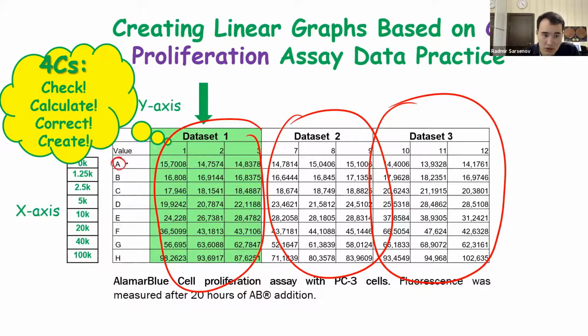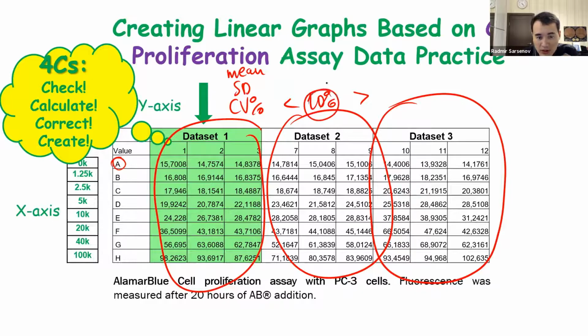So first of all, you identify the blank, and for the blank and for every other row, you will first find the mean, then you find the standard deviation, then you show the coefficient of variance, and by showing, I mean you tell if the coefficient is lower than 10% or higher.